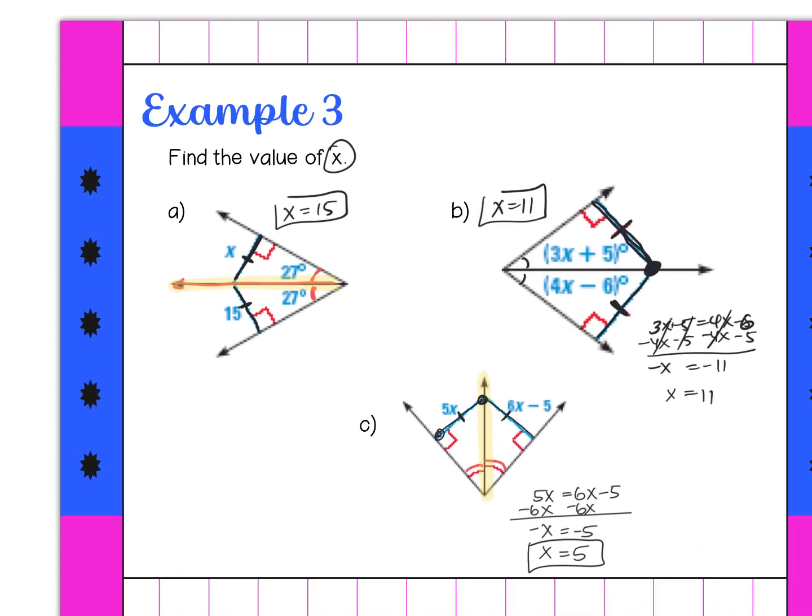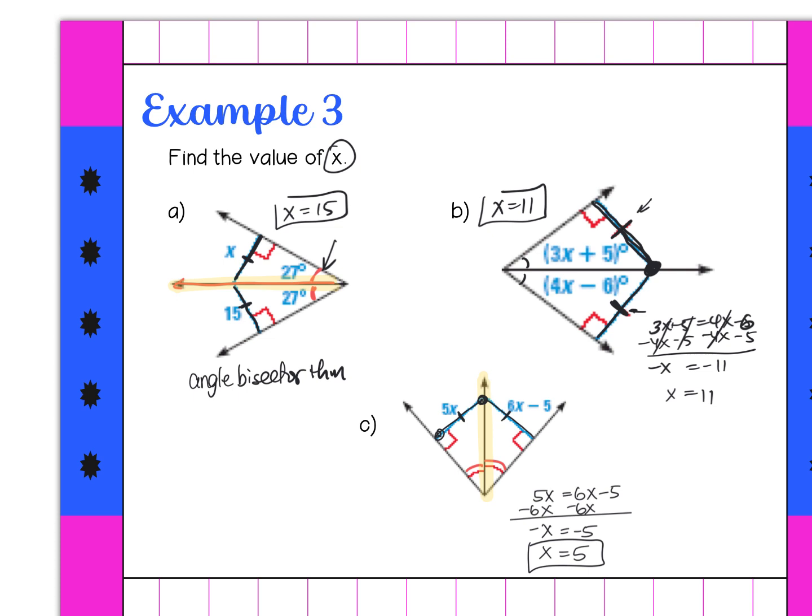Again, these are using the theorems. So if it's the bisector, then these are congruent. This is the angle bisector theorem. This one, if the lengths are congruent, then it must be an angle bisector.